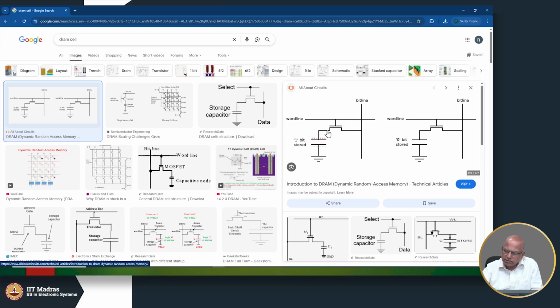Unlike SRAM cells, which required 6 transistors, they require only 1 transistor. So as a result, the density of DRAM can be very high. So DRAM is therefore cheaper than SRAM, because you can afford to possibly have 6 times its storage capacity for the same area. So instead of 6 transistors, we have a single transistor.